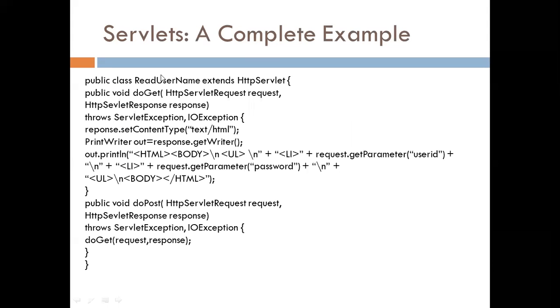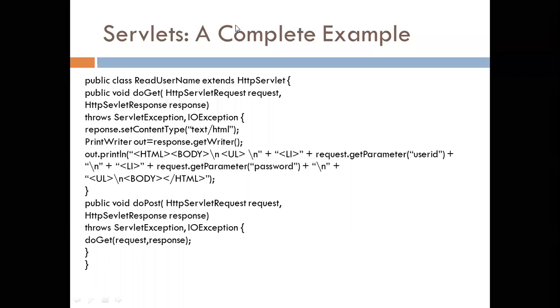So this is another example of a servlet. The servlet starts with this particular name. So the name of the servlet is ReadUserName. It is extending HttpServlet. So all servlets will extend from HttpServlet for processing HTTP request and response.